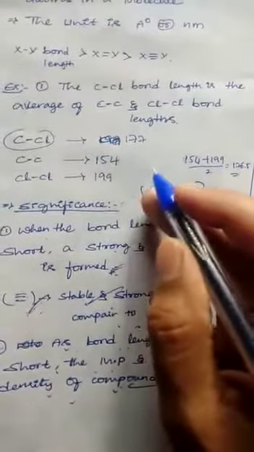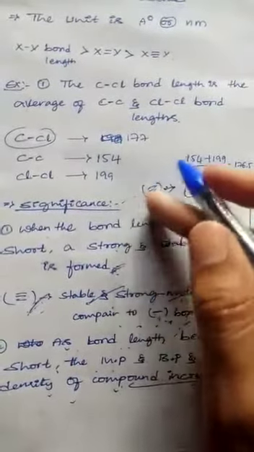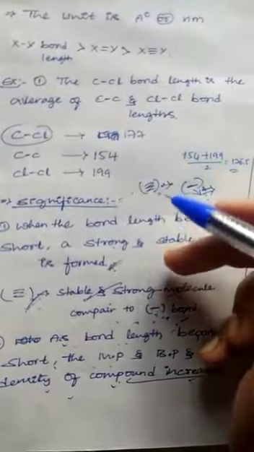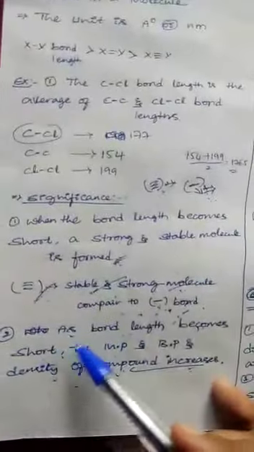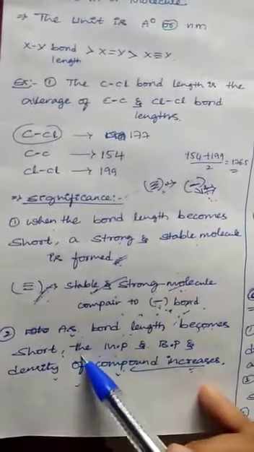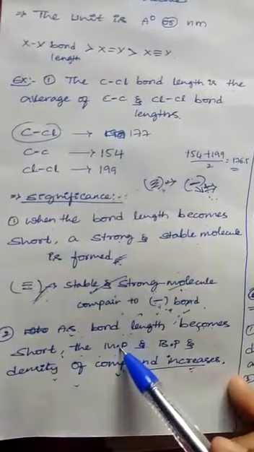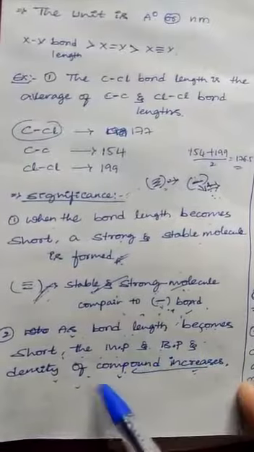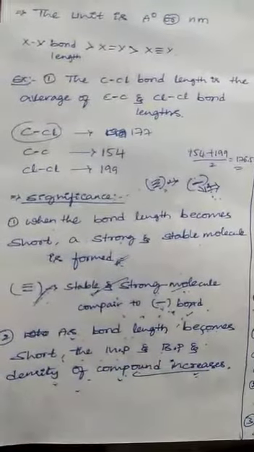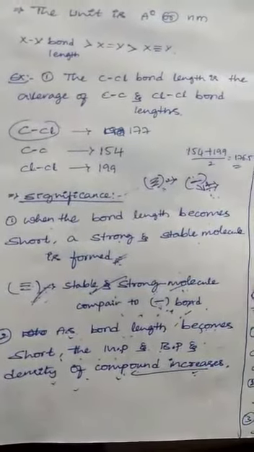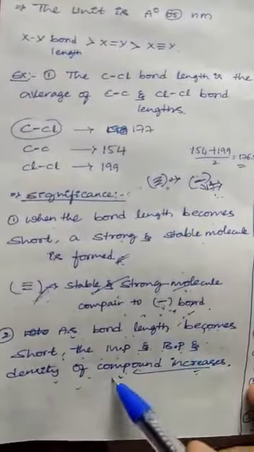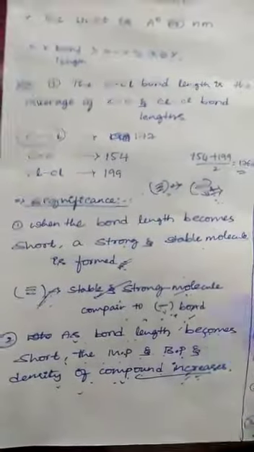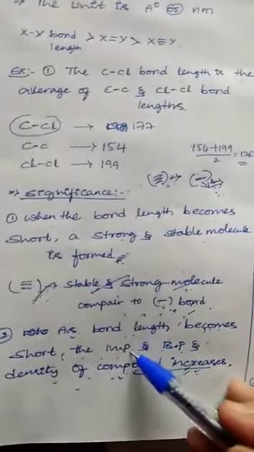But in the case of a triple bond, it requires more energy to break these triple bonds. And the second point, as bond length becomes short, the melting point, boiling point and density of the compound increase. In the case of triple bonds, the melting point, boiling point and density of the compound increase.